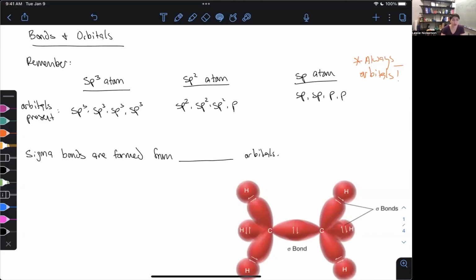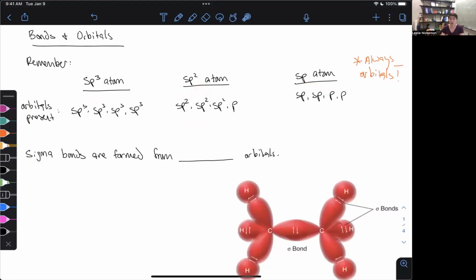So we first want to remember that in any type of hybridized atom situation, if we've got an sp3 atom, we're going to have 4 sp3 orbitals. So remember 1 s and then 3 of the p's, total of 4. For sp2, we're going to have 3 sp2 orbitals, 1, 2, 3, and then our leftover p orbital. For an sp atom, we've got 2 sp orbitals and 2 p orbitals.